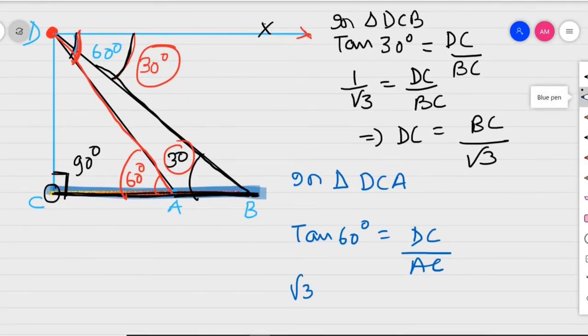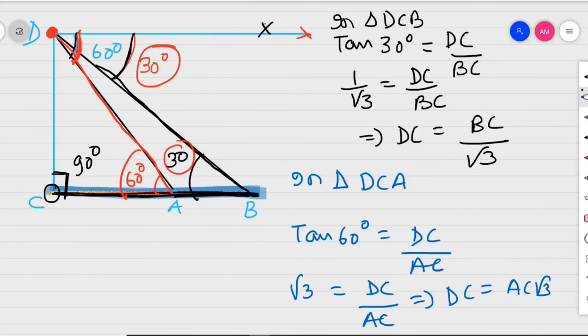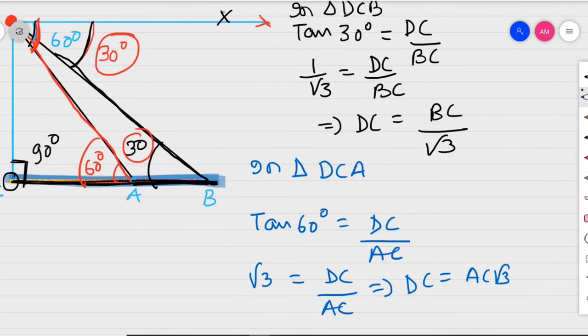So root 3 is equal to DC by AC, and from here DC is equal to AC root 3. See, in the first equation you are getting DC and in the second equation you are also getting DC. So from here you can connect BC and CD.